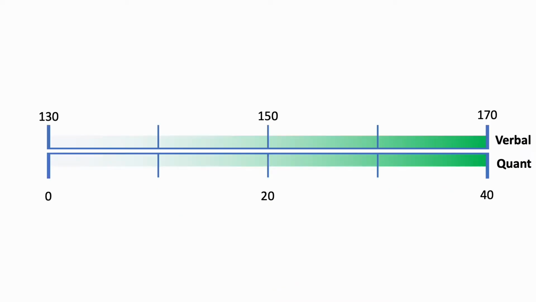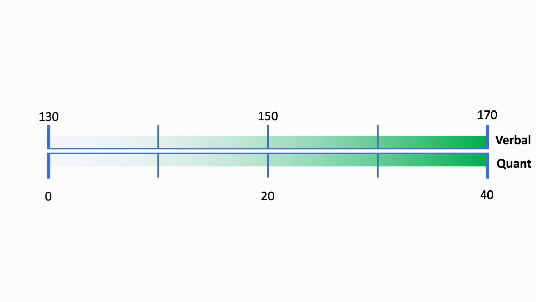There is a particular criteria to see how this scoring works. Basically, in each test there are two sections for each of quantitative and verbal, and each section consists of 20 questions. So for example, if a student scores 0, meaning none of the questions the student attempted were correct, then the baseline score of the exam would be 130.